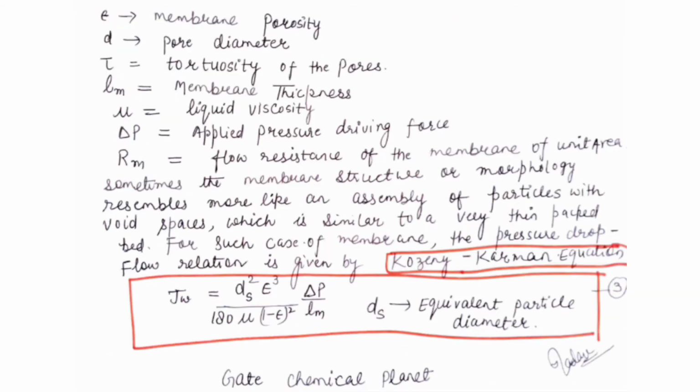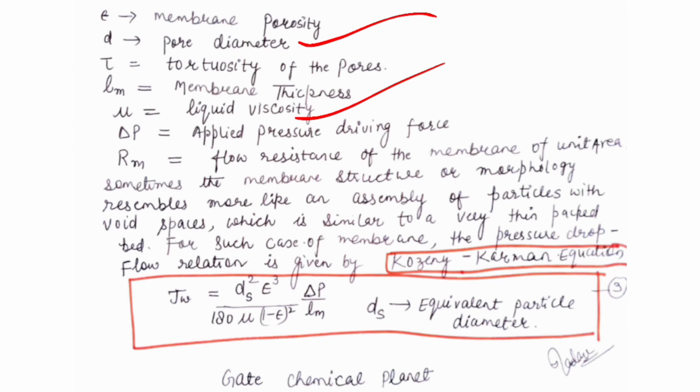Here epsilon is the membrane porosity, d is the pore diameter, tau is the tortuosity of the pores, Lm is the membrane thickness, mu is the liquid viscosity, delta P is the applied pressure driving force or pressure gradient, and Rm is the flow resistance of the membrane of unit area.